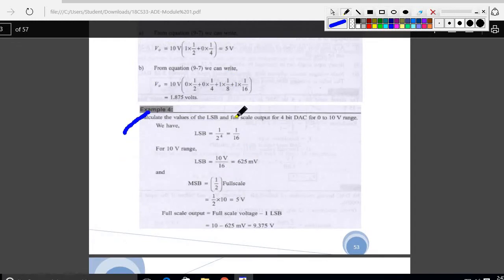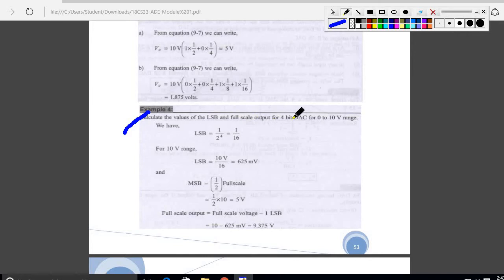So calculate the values of LSB and full scale output voltage of a 4-bit DAC in the 0 to 10 volt range, right? So first you have to find out what is MSB and what is LSB. So it is a 4-bit, right? So MSB and LSB. So here what exactly?